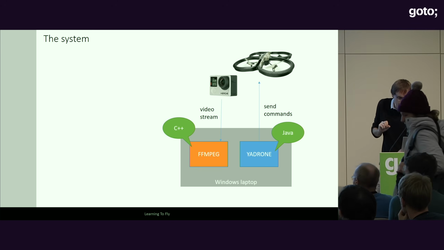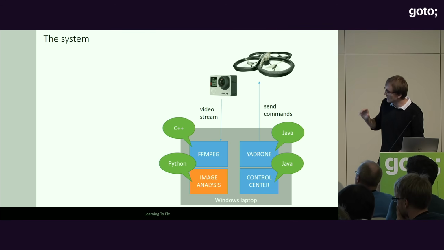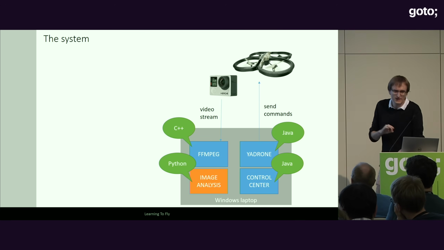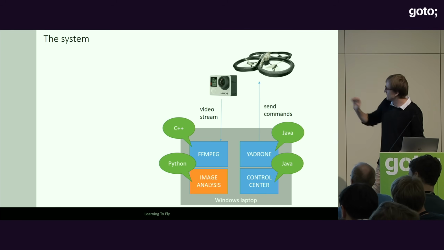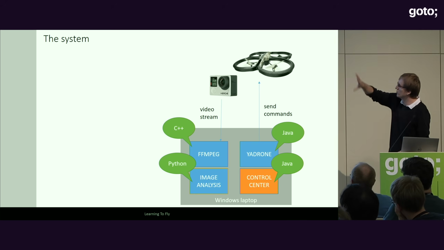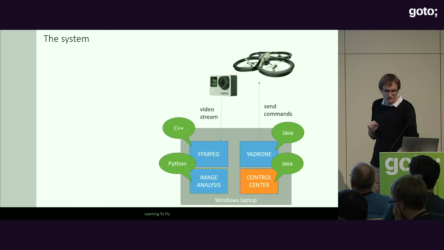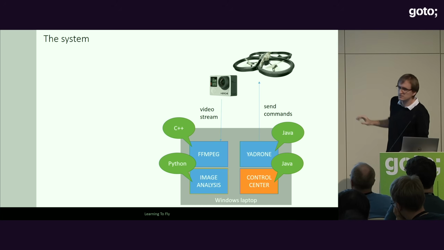It was the most convenient for us to use C++ FFmpeg to decode the stream, and then analyze the image using Python libraries like NumPy and OpenCV. And finally, for the control center to orchestrate all that, we initially planned to write it in Java because YADrone was also in Java, and such a system is a nice place to start.